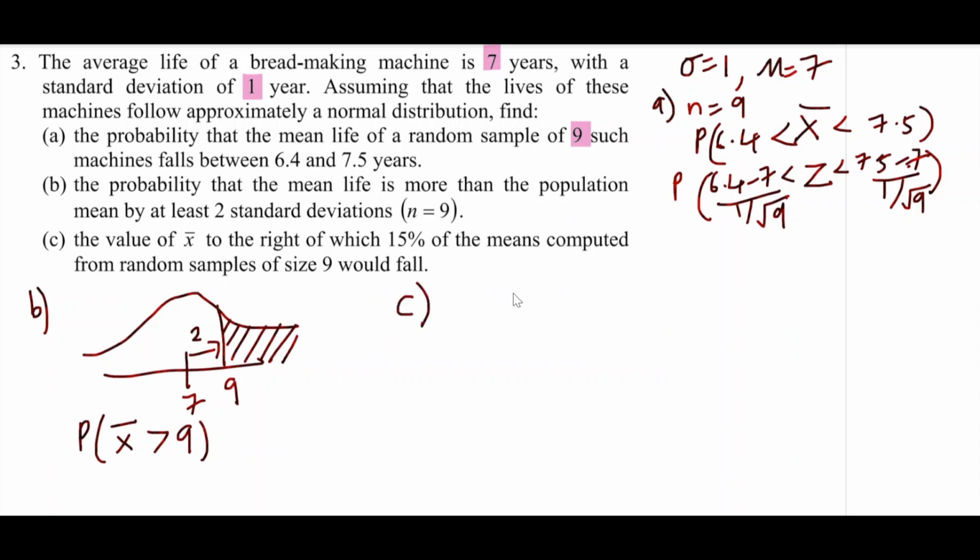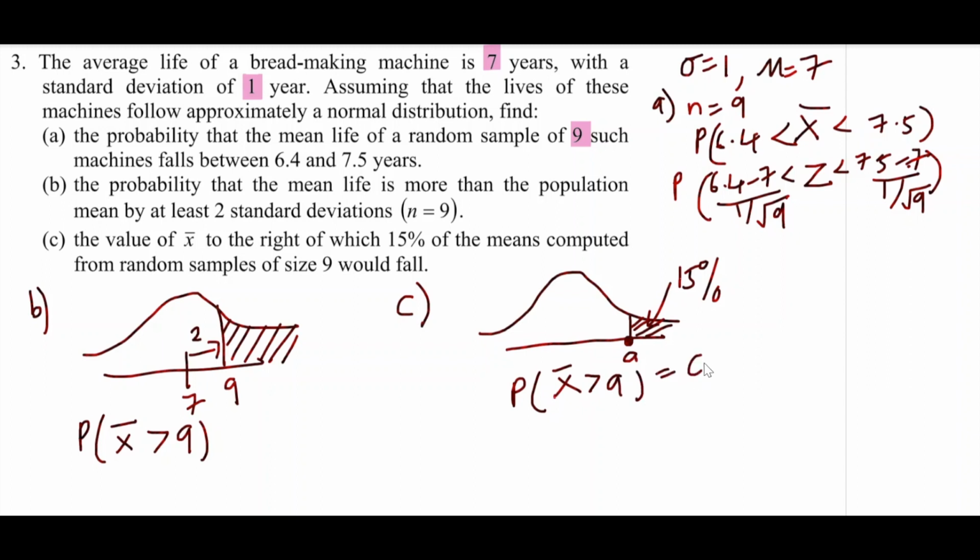Okay, question C. I would again illustrate the value of x bar to the right. So to the right is towards your right hand side, of which 15% of the means computed would fall. Okay, let's say I'm going to name this as A. So you want to find the probability that the x bar greater than A is equals to 0.15.